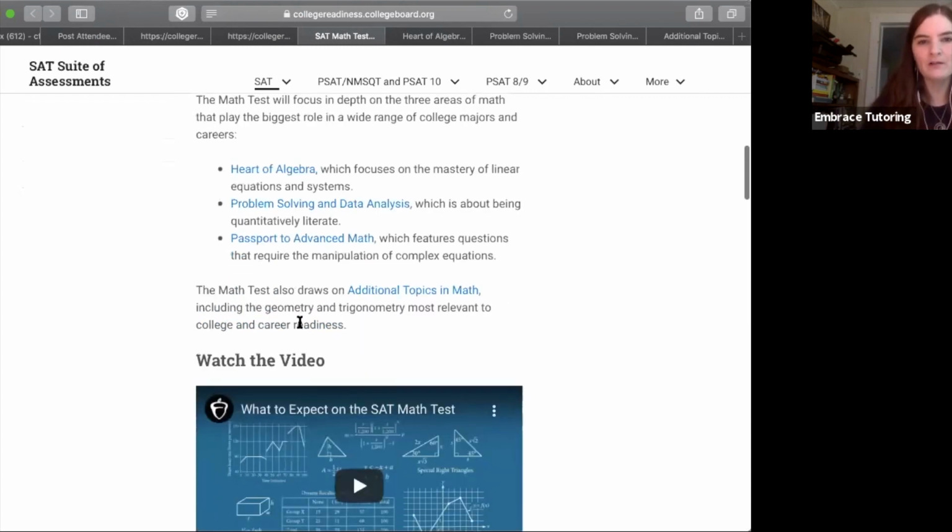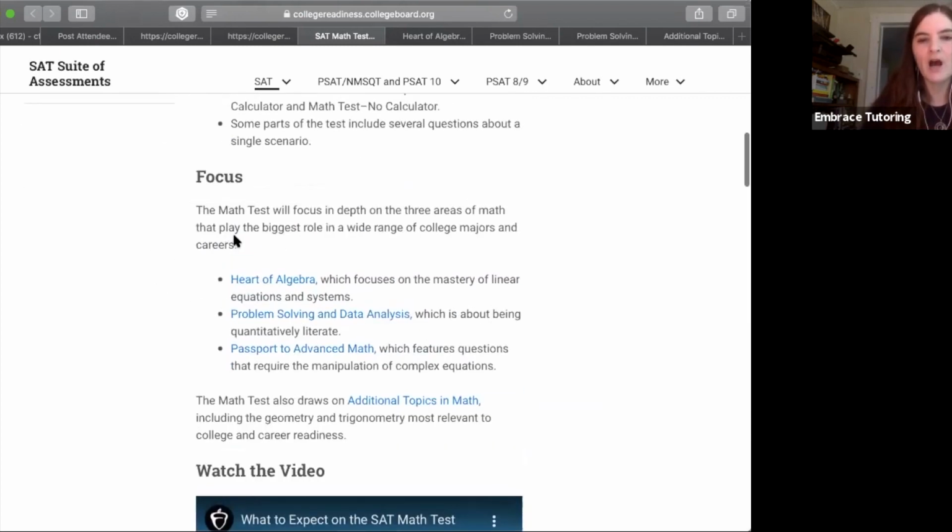So Heart of Algebra is one of the key content areas. So there's going to be a lot of algebra on this test. Okay, it's going to be focusing specifically on things like mastery of linear equations and systems. So it's going to be confined to those types of skills for the most part, but you do want to know what a coefficient is, what a constant is, what the equation for a straight line is, all of those types of things, and being able to graph them, or what a number line is.